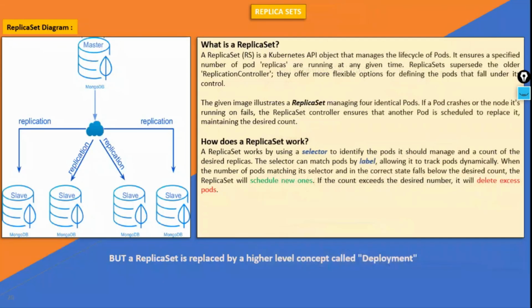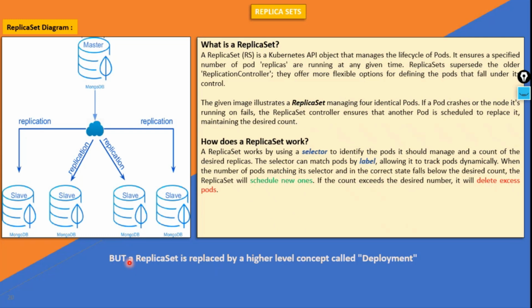Now, you see, a replica set is a Kubernetes object, but now it has been replaced by a higher-level concept called deployment. So we no longer use a replica set manifest file. After Kubernetes 1.19, we always go for deployment.